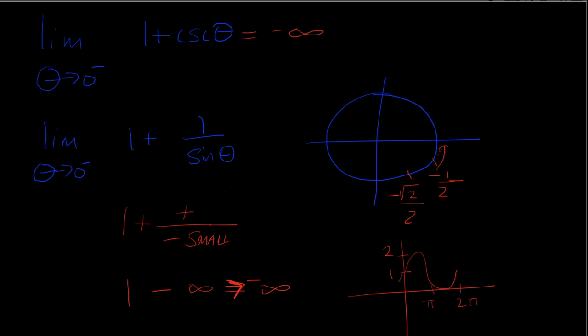Okay, so we need to draw a little more. So let's see. At 0, so that would be previously negative 1. That would be negative pi over 2. Okay, that makes sense. So we're approaching 0 from the left.